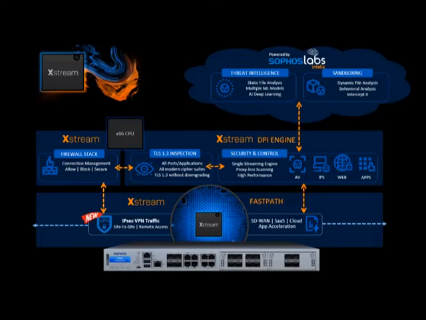Previously, the CPU of the firewall would have just performed all those tasks, but now you're able to separate tasks. The Xstream CPU performs some of the tasks, especially with regards to your IPsec and VPN traffic, and the other CPU on the firewall is able to take care of your SD-WAN and your application traffic and all of that.